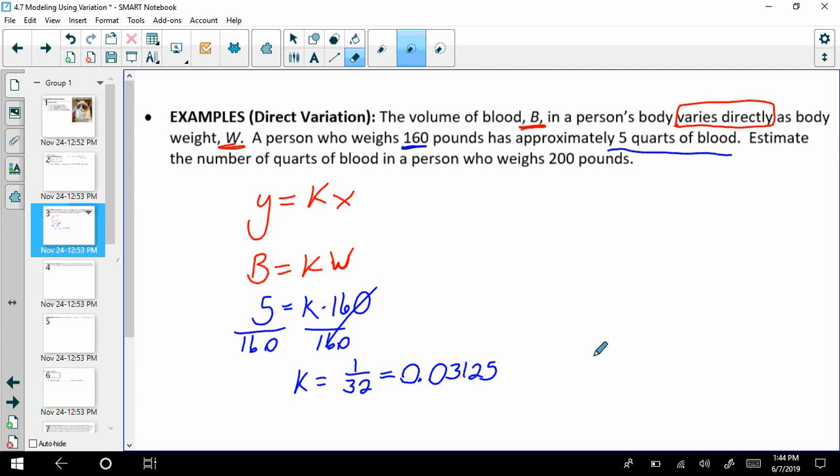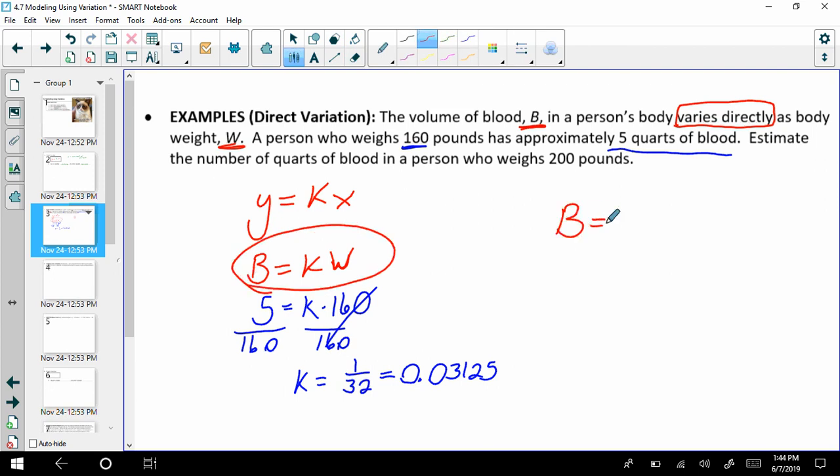So now once we found k, we're going to go back to our equation, and we're going to write it, but I'm going to fill the value in for k. So I've made my equation, and I know now what my constant is for k. The final thing is they're going to give me some kind of a question or problem to solve.